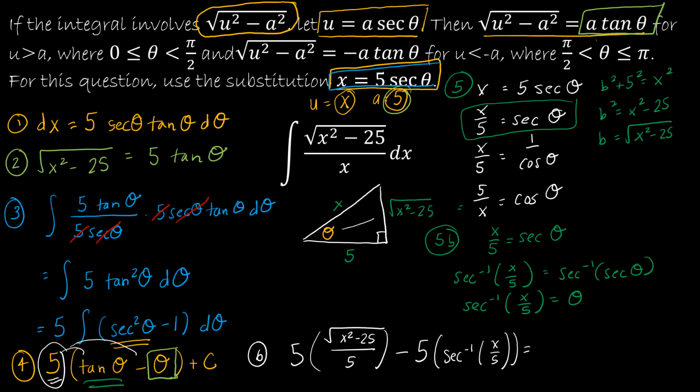And really the only other thing that I would do is cancel the 5's on my first part of my expression. So this is root x squared minus 25 minus 5 arcsecant x over 5, and I forgot the plus c over here. Plus c. That is my final answer.